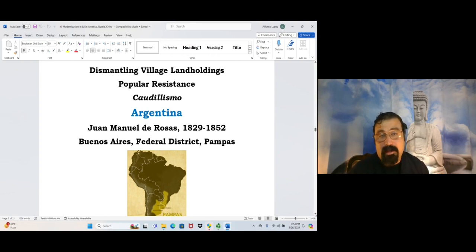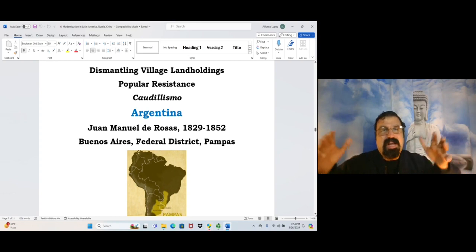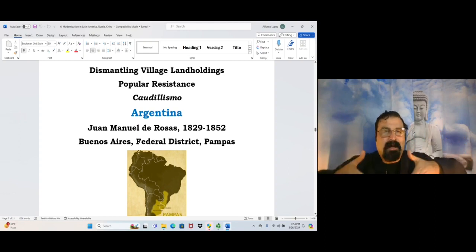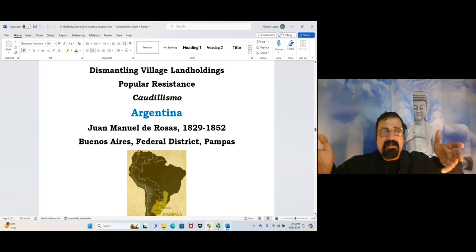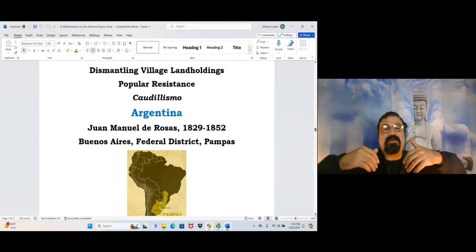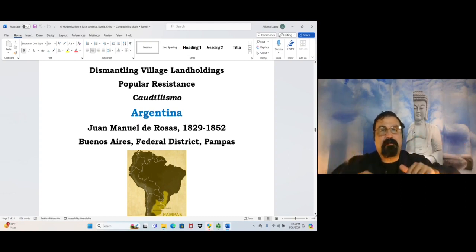Again, this is really their first goal, to start putting the land on the market. So they're going against the church because the church is a major landholder in Latin America, and within the church land holdings stood the village land holdings as well. So in order to privatize the land holdings, they needed to seize, confiscate lands from both the church and the village.